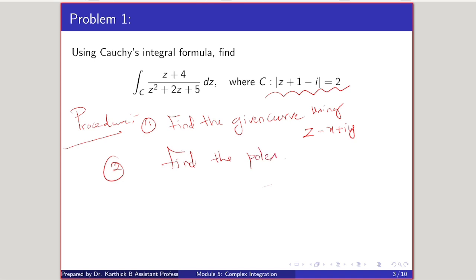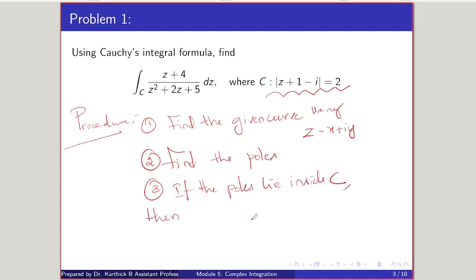The third step: if the poles lie inside C, then use Cauchy integral formula.